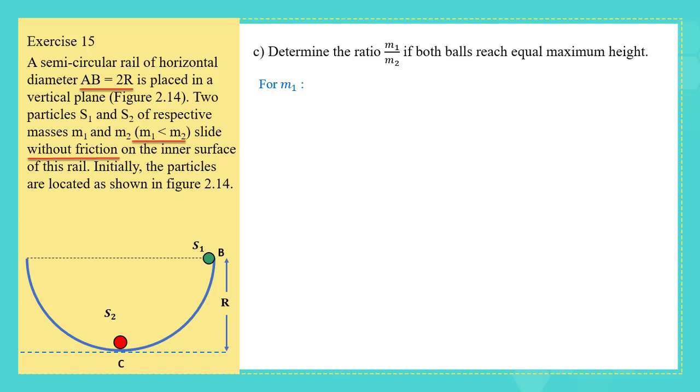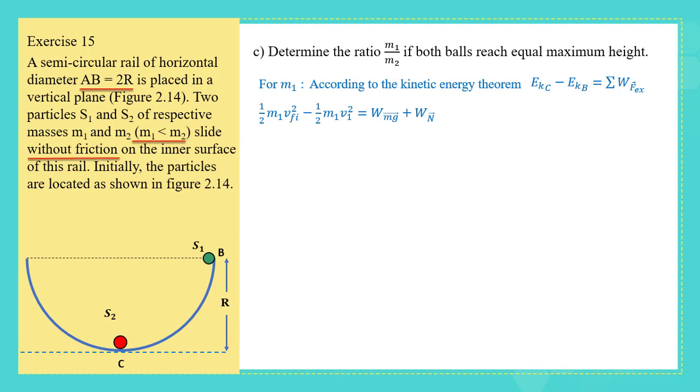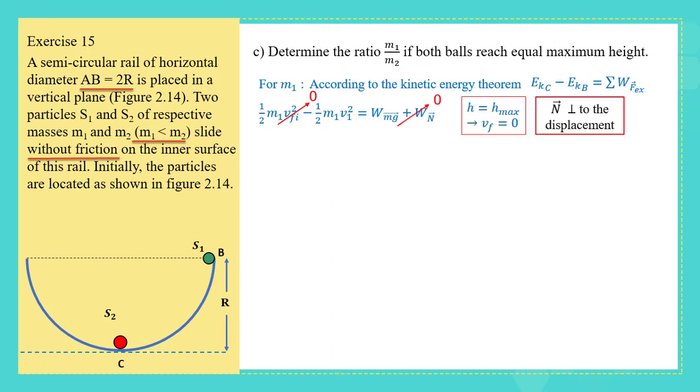Let's try it. For mass m1, according to the kinetic energy theorem, we can write half m v final squared minus half m v1 squared equals the work done by weight plus the work done by N. Finally, at maximum height, the kinetic energy will be 0, and the work done by the normal reaction is 0 since N is perpendicular to the displacement.